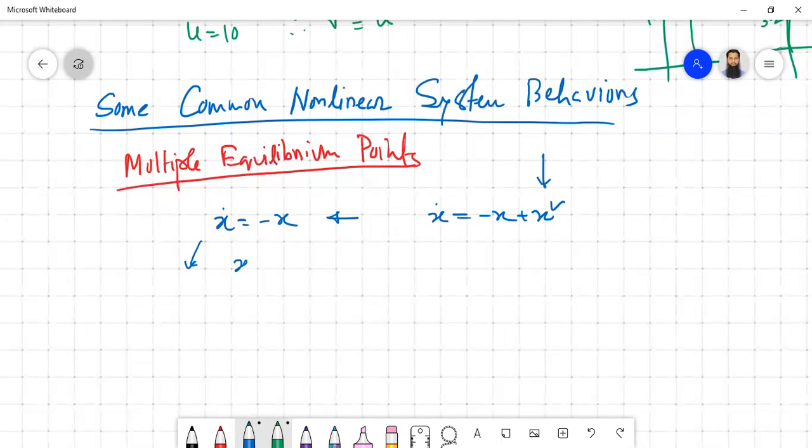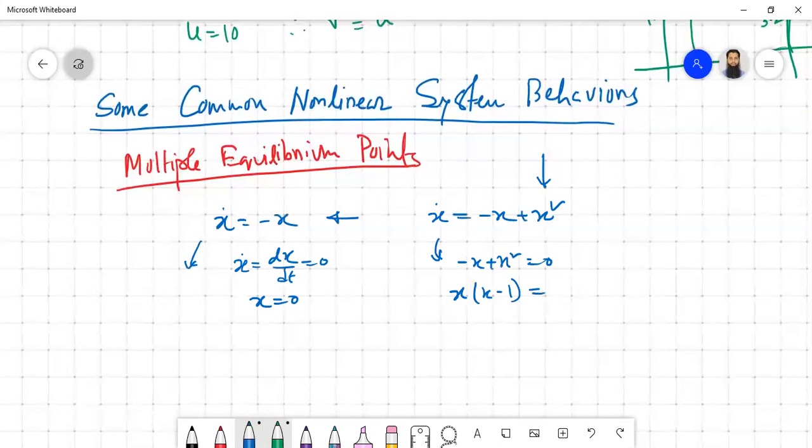For the equilibrium point, x dot equal to dx by dt has to be equal to 0. So we can say that x equal to 0 is the equilibrium point for this one. Similarly, the equilibrium point for the nonlinear one comes from minus x plus x squared equal to 0. We can take x common, giving x times (x minus 1). So x equal to 0 is one equilibrium point, and x equal to 1 is another. So multiple equilibrium points are possible in the case of a nonlinear system.